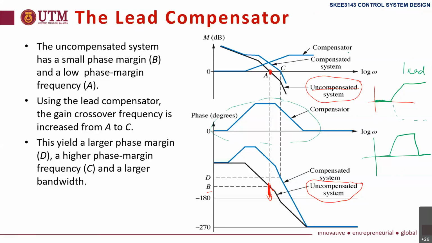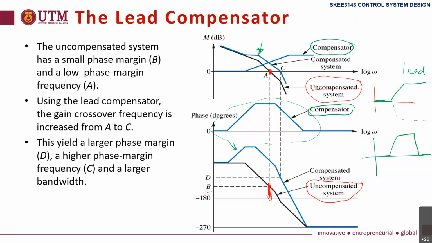So when we add the lead compensator, this is the compensator, and here is also the compensator for the phase. If we add together the compensator plus the uncompensated system, we have the compensated system here. Now A, the gain crossover, increases to C because we add the lead compensator.